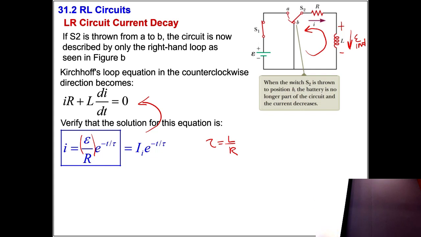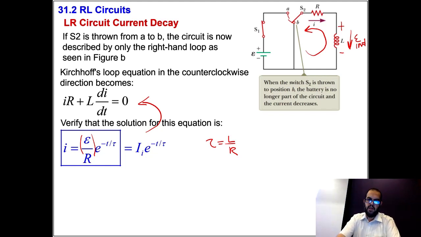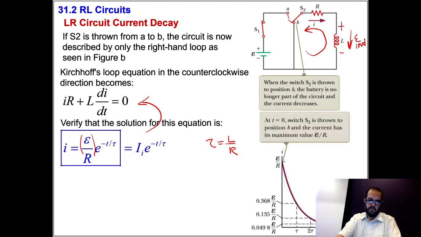It's as if we are energizing the inductor, storing energy in it, and even after we disconnect the battery, we have a decaying current through the resistor. This is very nice because we can store energy not only in the capacitor, we can also store it in an inductor, and use it in certain applications.